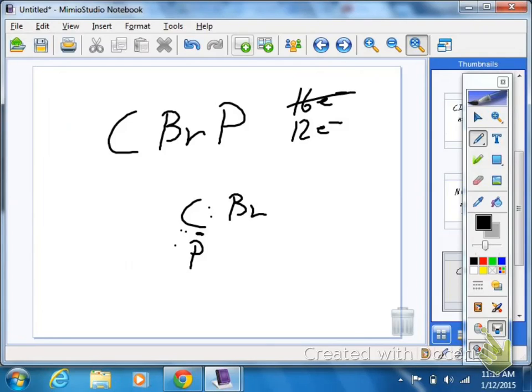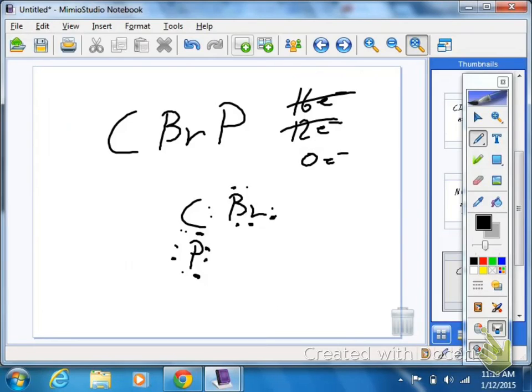We show the unshared pairs around the branched atoms. And then we have 0 electrons left over.